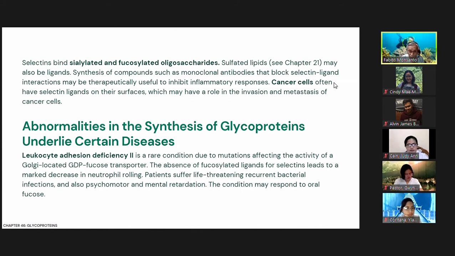So patients suffer life-threatening bacterial infection as well as psychomotor mental retardation. However, this can be easily treated by taking fucose orally. Fucose is a deoxysugar or deoxyglucose.